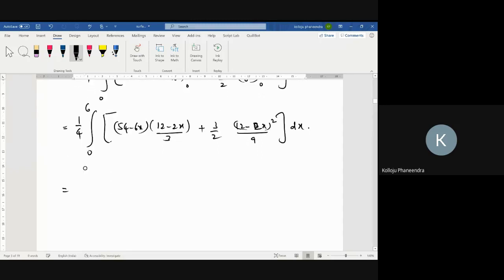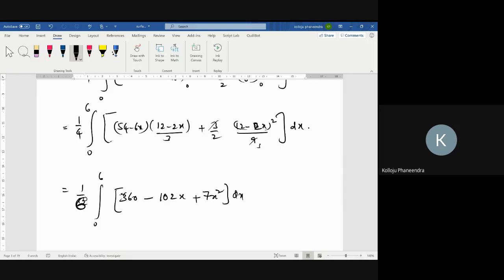I can take 1 by 3 outside, so it becomes 1 by 12, from 0 to 6. It's a big expression, so I am giving the result of multiplying and simplifying. This is 1 over 6 times 360 minus 102x plus 7x square. This is the final expression.